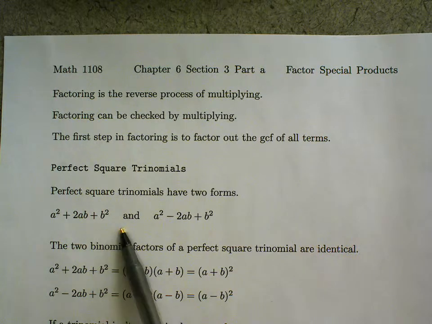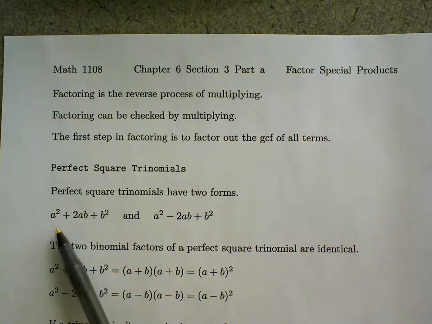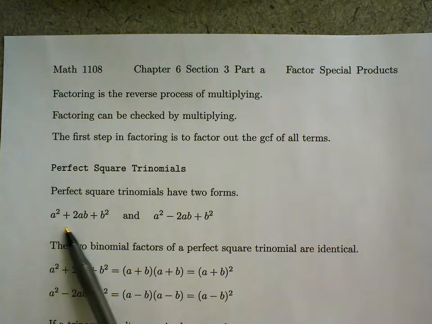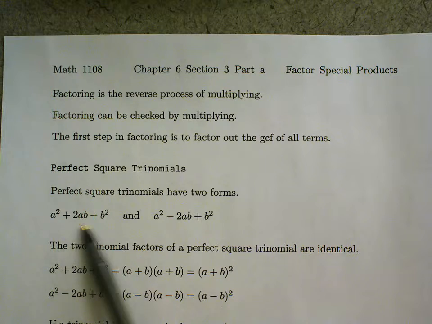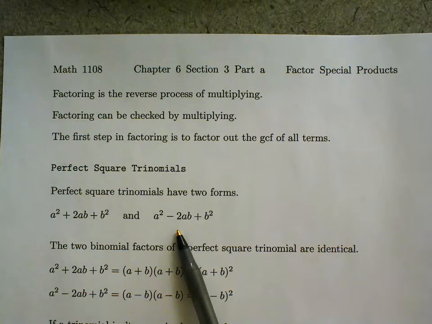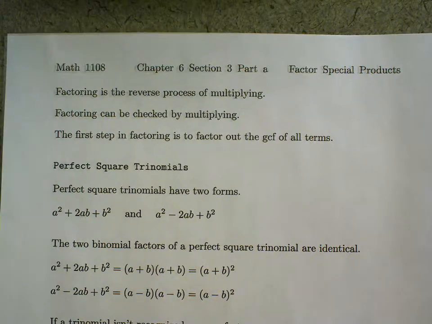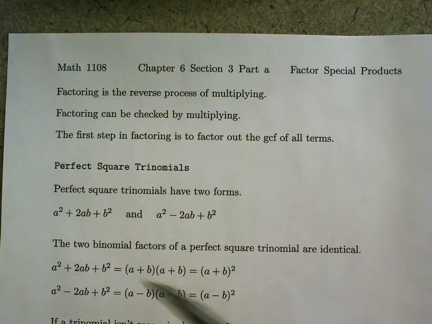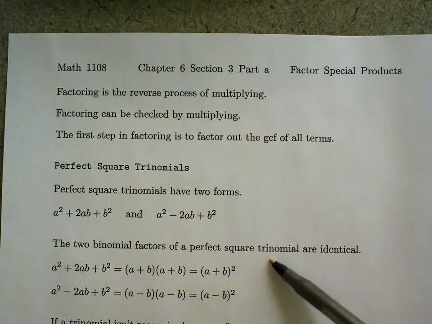Perfect square trinomials have two forms. One is a to the second plus 2ab plus b to the second. The other form is a to the second minus 2ab plus b to the second. The two binomial factors of a perfect square trinomial are identical.